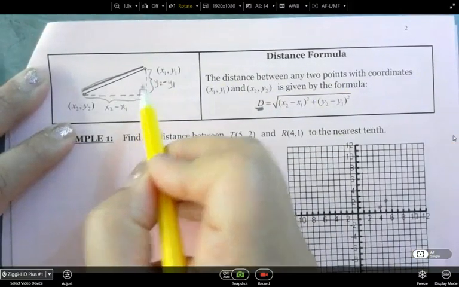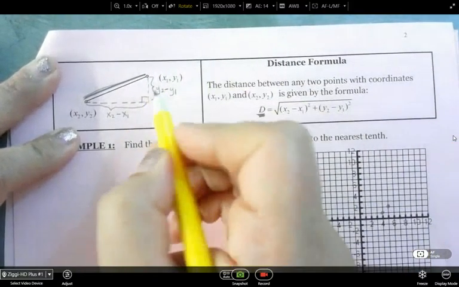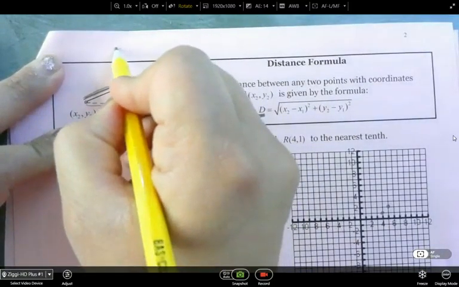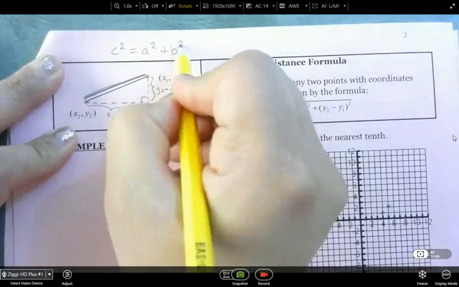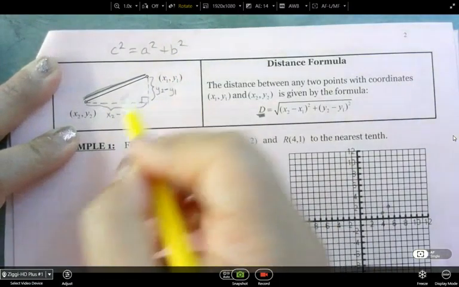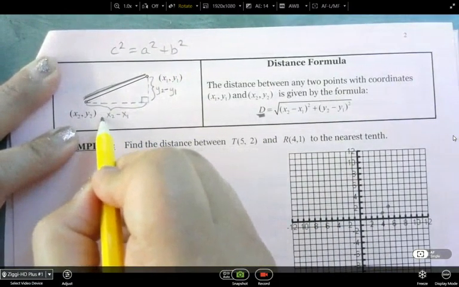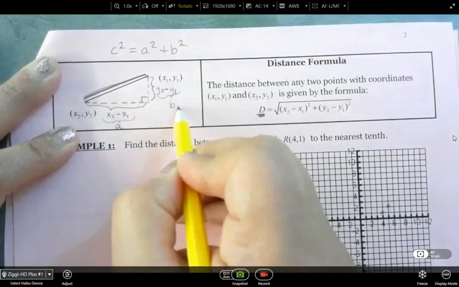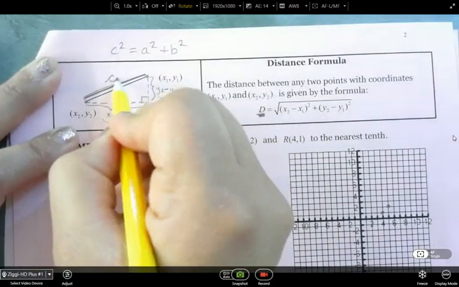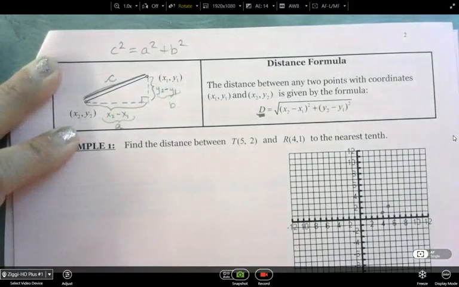So if we're thinking back, we can relate this to the Pythagorean theorem, right? Which is c squared equals a squared plus b squared. Now I could say that this is the a and this is the b, so then this becomes the c.